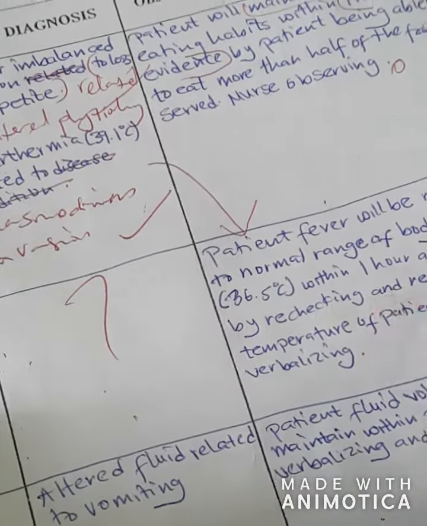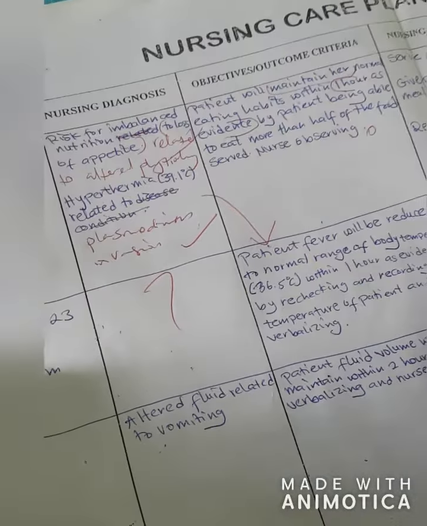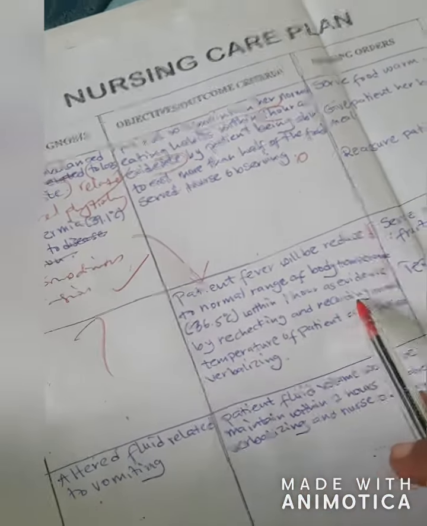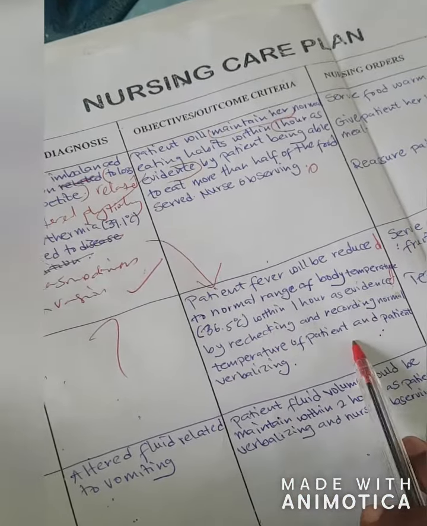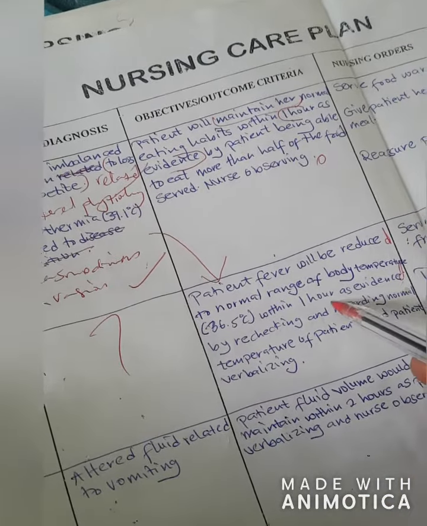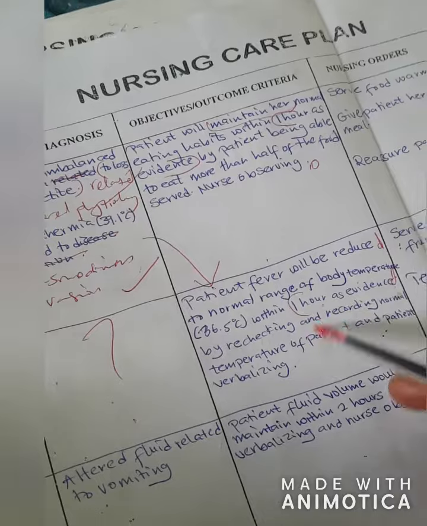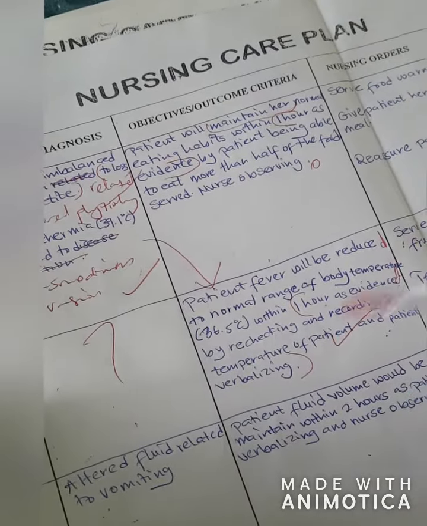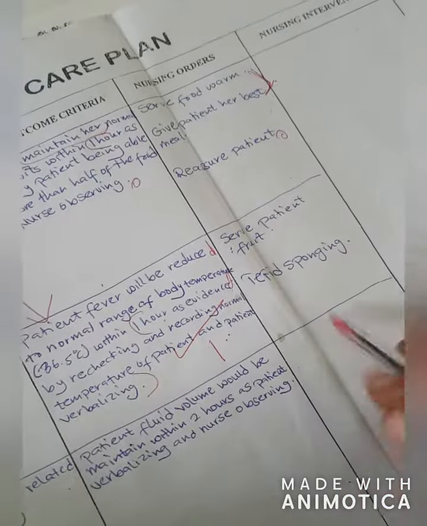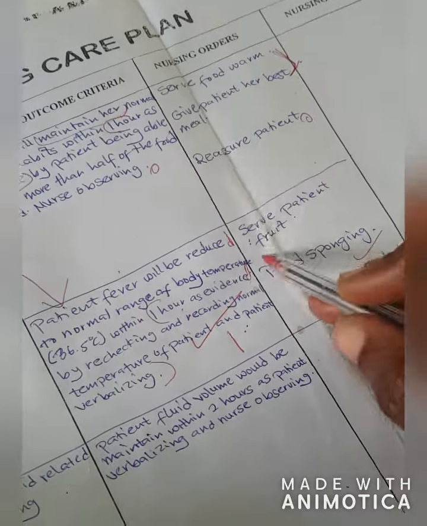So this is for the temperature within 1 hour, as evidenced by rechecking and recording normal temperature of patient and patient verbalizes. The outcome criteria is not too good, but it makes sense. So I give 1. Serve food, sponge patient, I'll give half for the sponging aspect. Serve food doesn't work here.